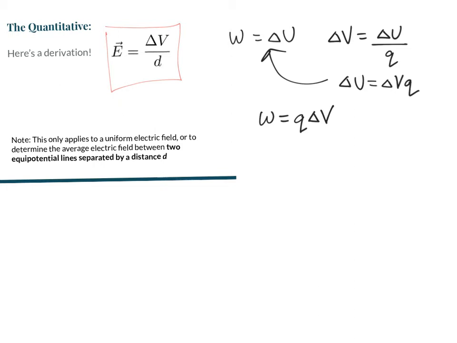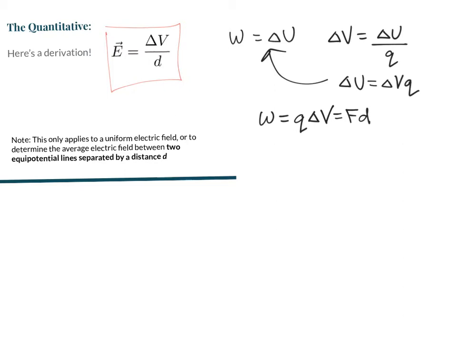And then you should also know from mechanics that work is equal to force times distance. And the force that we would be pushing with would have to be equal to the force of the electric field on the particle.